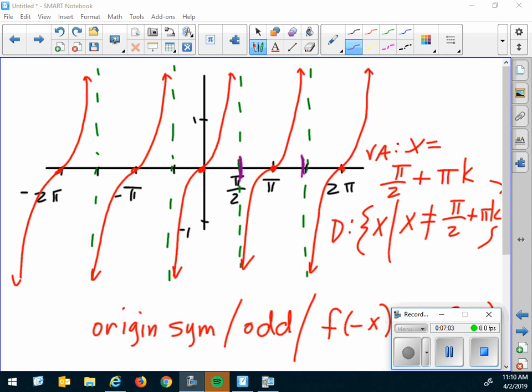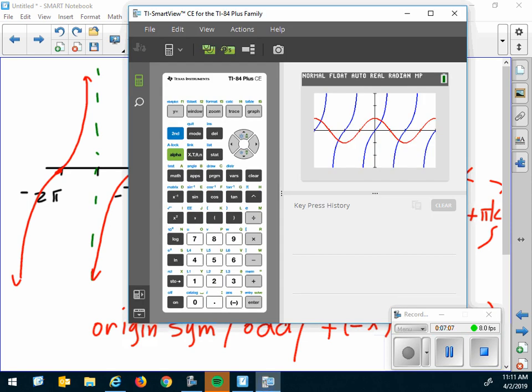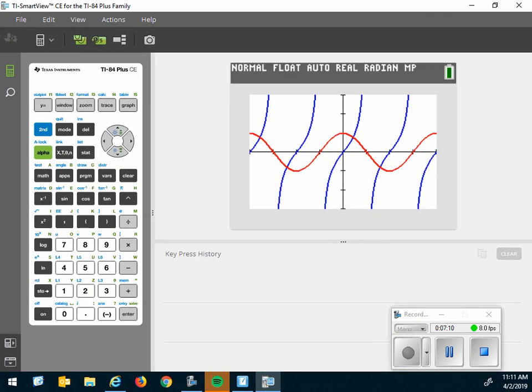Now let's go to your calculator. And I want you to look at question number 7. A times tangent x. What does A typically stand for or affect? The amplitude.